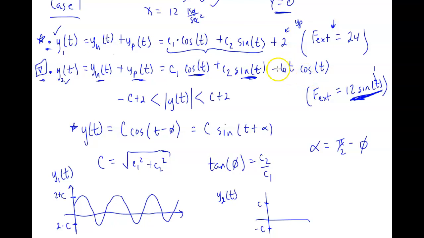But because we also have to add on this negative 6t times cosine t, we know that on the high end, we have a positive 6t, and on the low end, it's going to be a minus 6t.